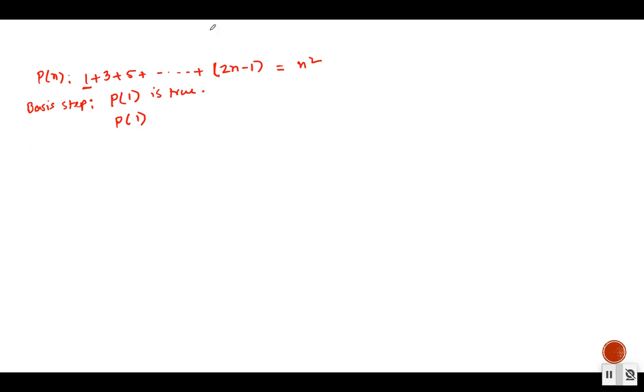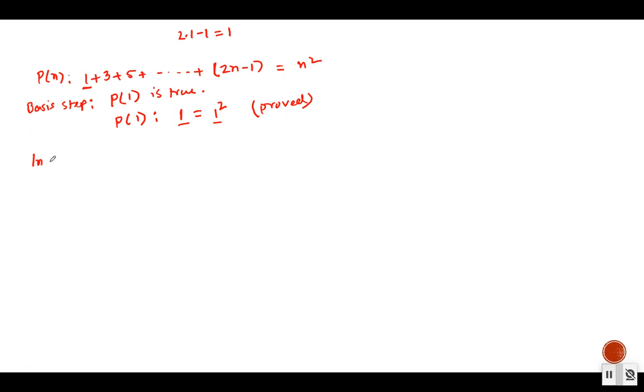For P1, our odd integer value is 2 times 1 minus 1, which is 1. So for P1 it will be 1, that will be our last odd integer, and on the right hand side we have 1 square. We found our left hand side is the same as the right hand side, and that proves our basis step.